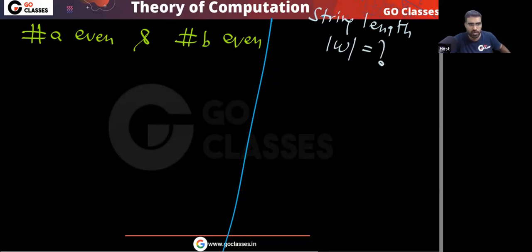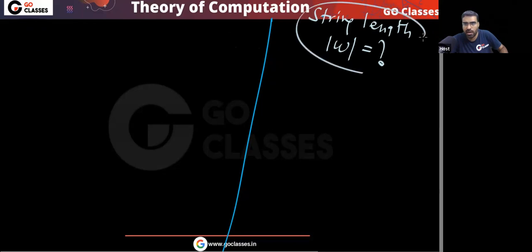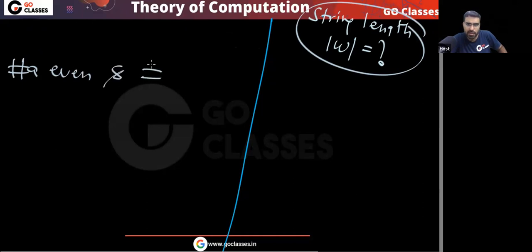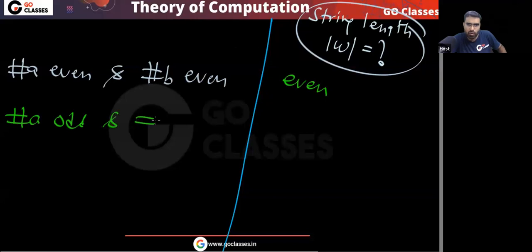So you tell me, in this situation, the number of A even and the number of B even, what is the string length? When both are even, the string length will be even. And what about this? When the number of A is odd and the number of B is odd, then the string length will be even.